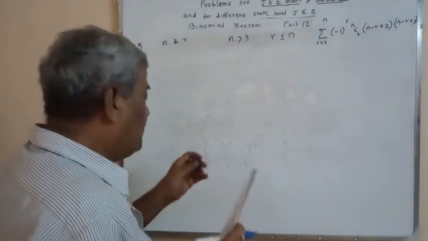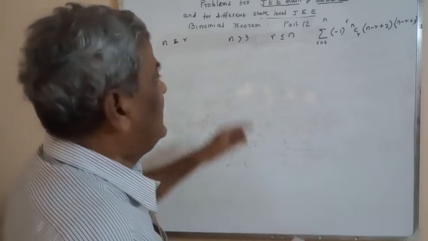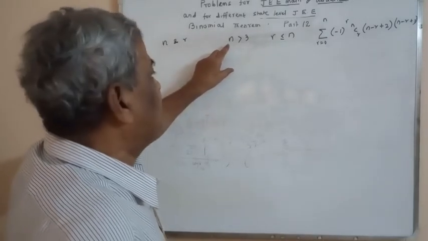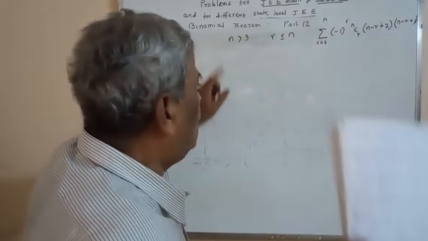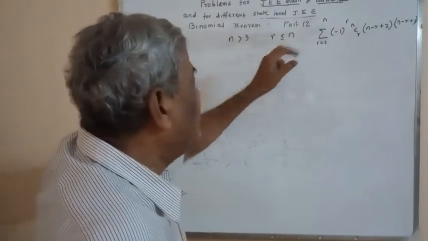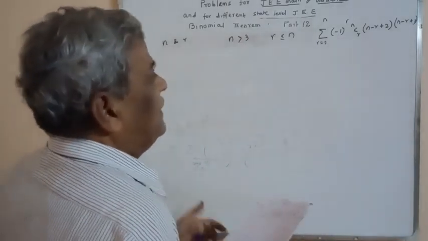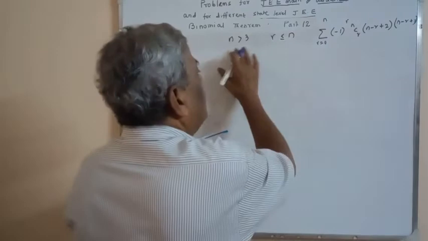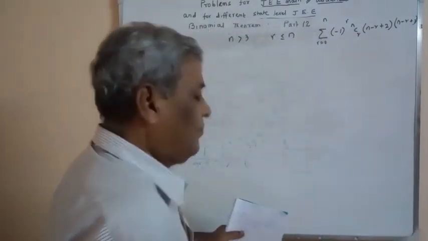So given that n and r are two positive integers such that these two conditions hold, n is greater than 3, that is 4 or 5 or 6 or so on, and r is less than or equal to n. These are the given conditions. Then we have to find the value of that.